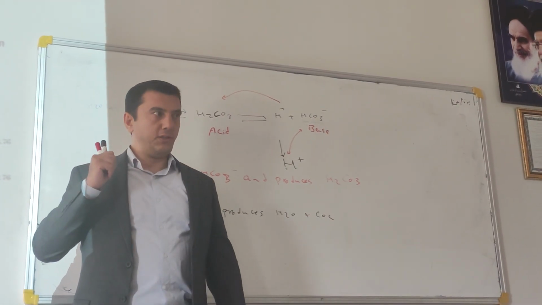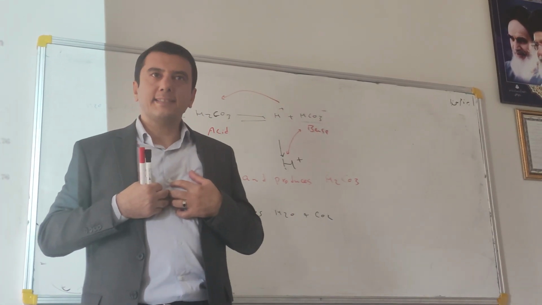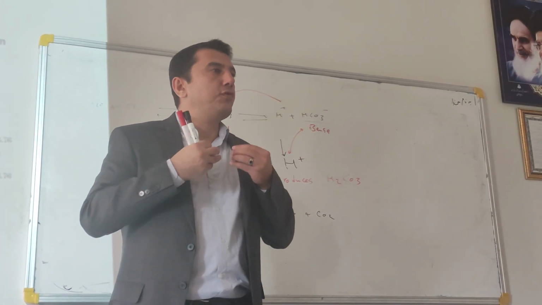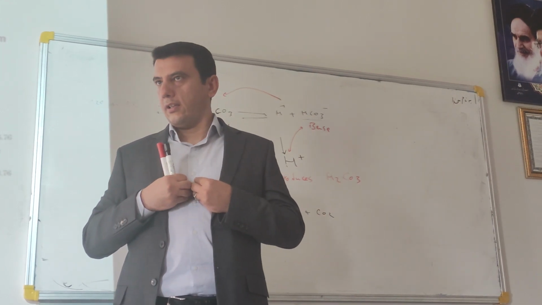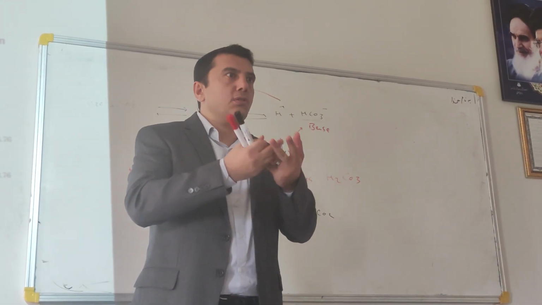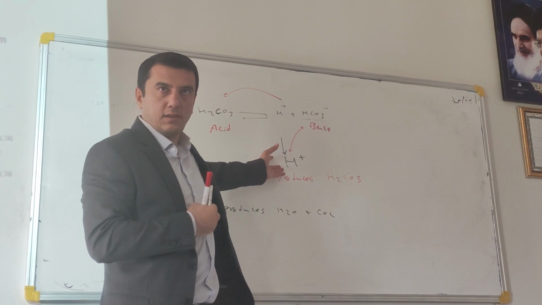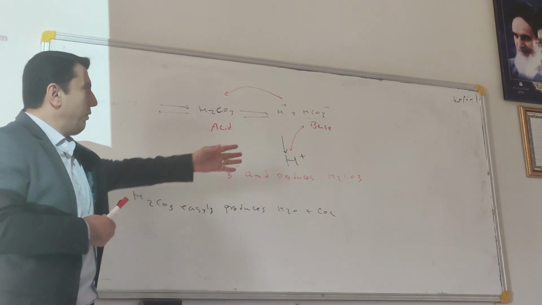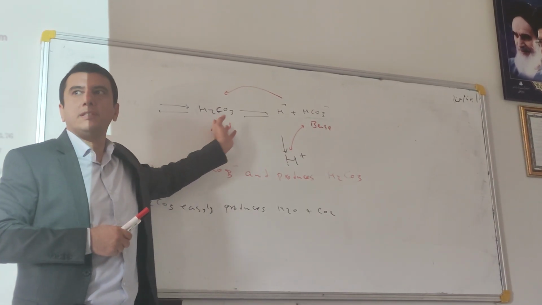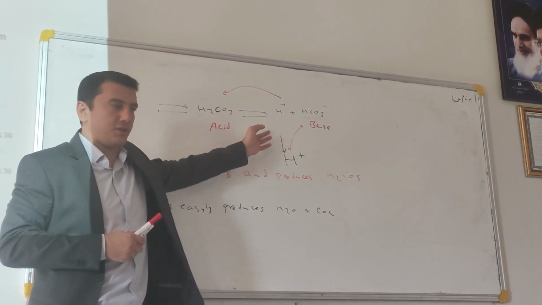As I said to you, your gastric juice is full of HCl, and when you lose it, you lose your H plus. So, when you lose acid, what happens to this equation?